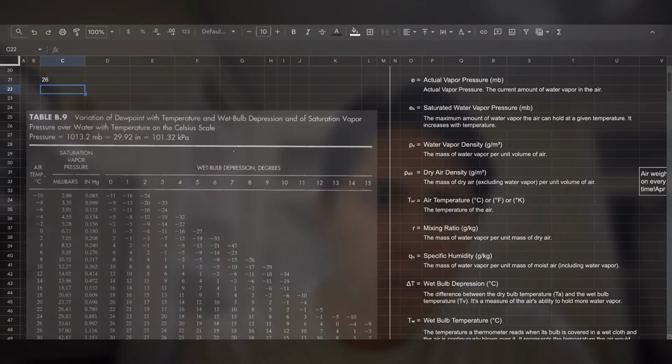We have 24 and 26, and for 24 at the value of 10 it will be 6, and for 26 at the value of 10 it would be 9. So this is 6, this is 9.